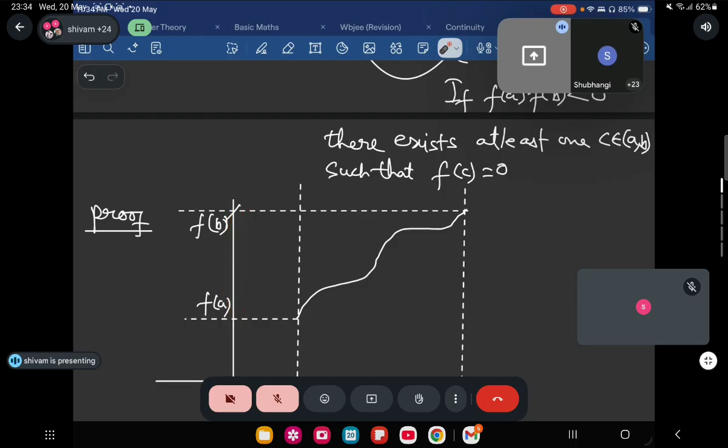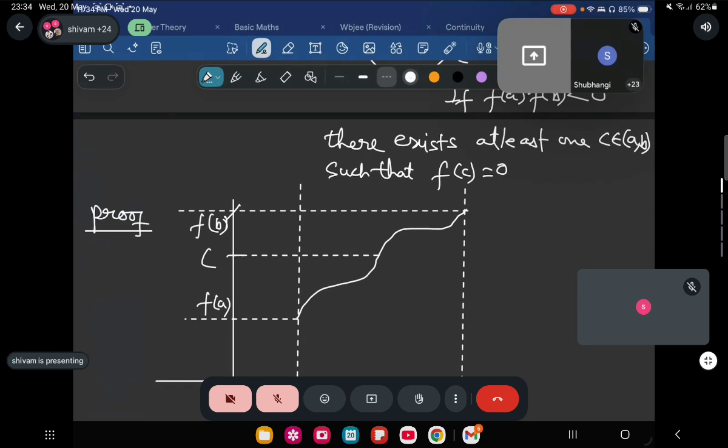Let us call this C. There exists at least one x naught belonging to A comma B such that f of x naught is equal to c.